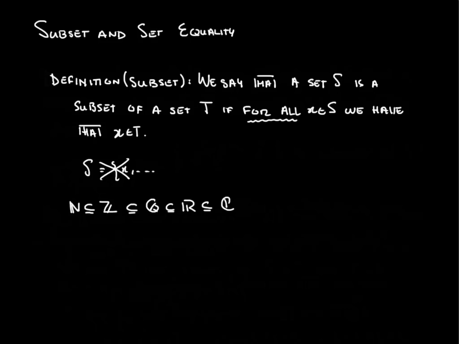Okay, but you cannot say that the set of integers is a subset of the set of natural numbers, okay? So this is not true. And this is because there exists some elements in our set Z, such as the negative numbers, that are not elements of the natural numbers.